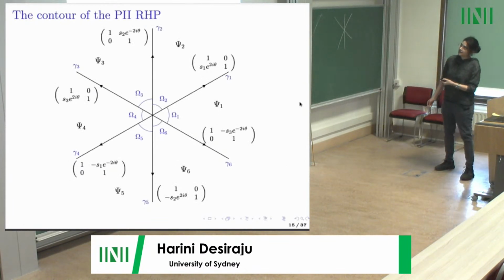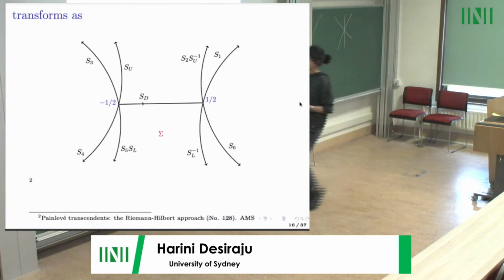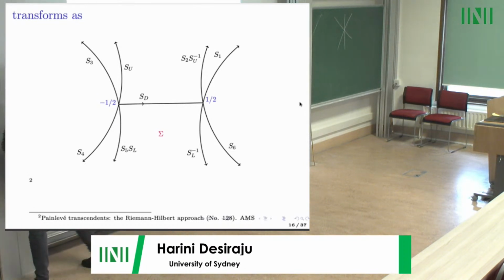Now this very nice graph transforms into this, which I'll write down for future purposes. So what is happening? This was S1, S2, S3, S4, S5, S6.